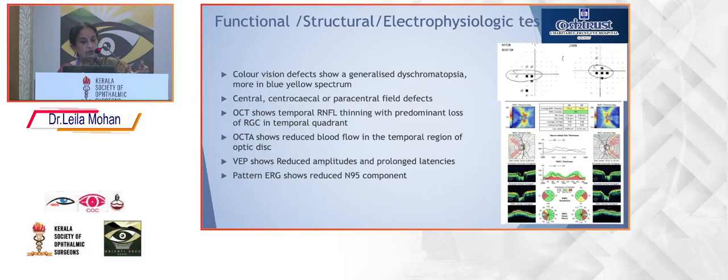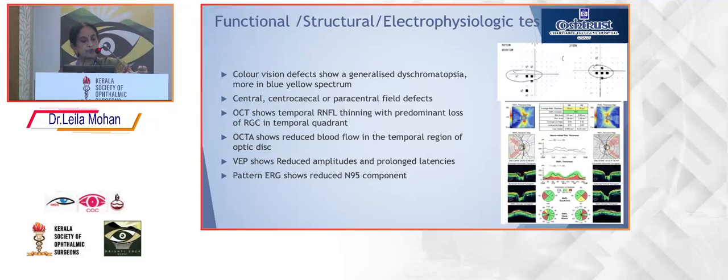So a lot of functional, structural, and electrophysiologic tests can be seen. Color vision defects show a generalized dyschromatopsia, more in the blue-yellow spectrum, unlike most of the optic nerve diseases. Central, centrocecal, or paracentral defects, as we have already seen, as in optic neuritis. OCT shows temporal RNFL thinning with predominant loss of RGC in the temporal quadrant, and OCT angiogram in recent years has shown reduced blood flow in the temporal region of the optic disc.